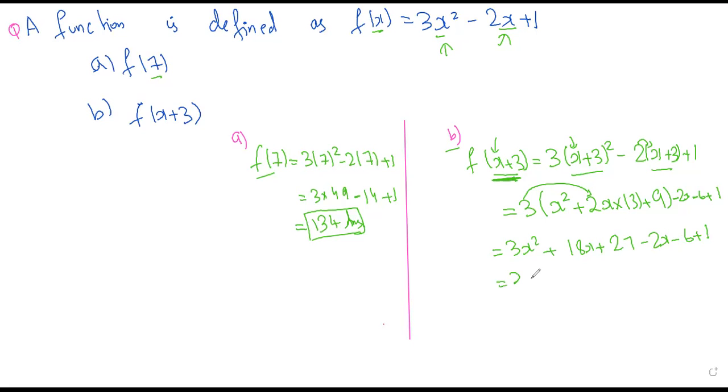And this is 3x square plus 16x plus 27 minus 6 plus 1. So this is going to give you 22 basically.